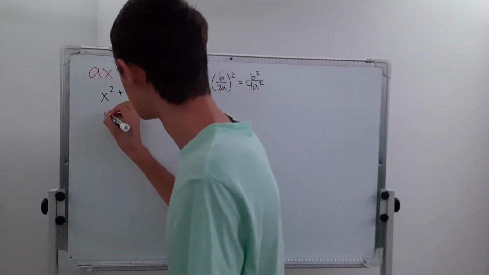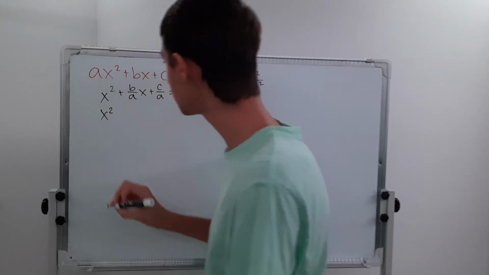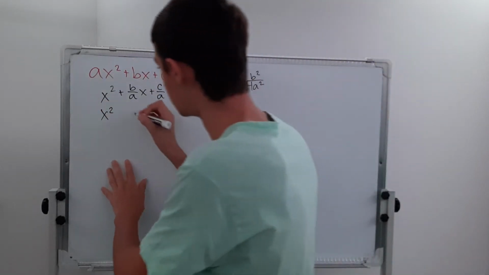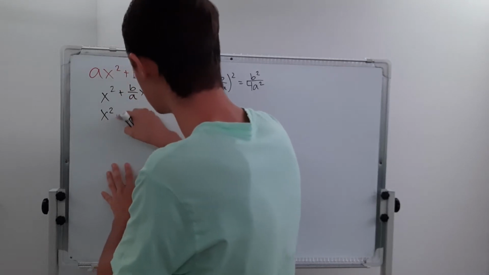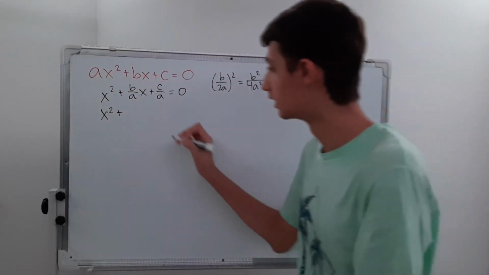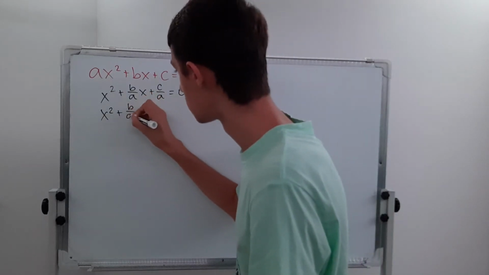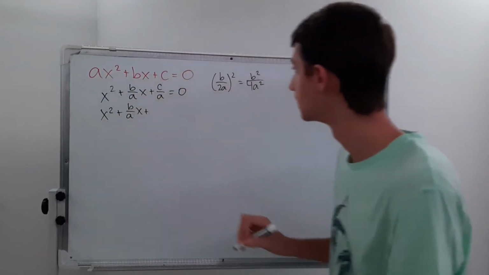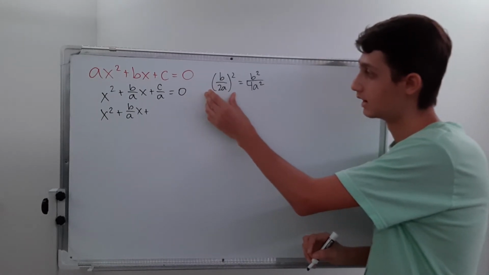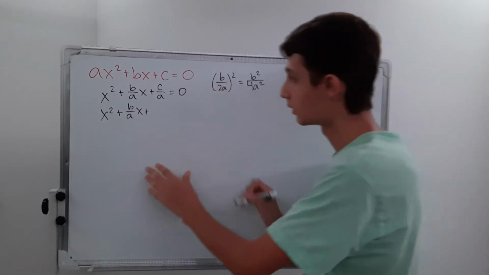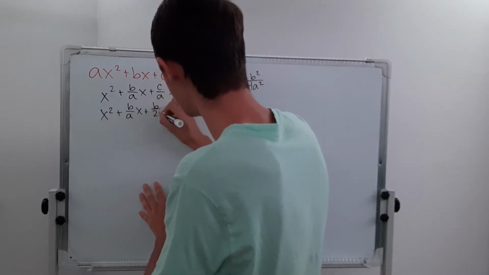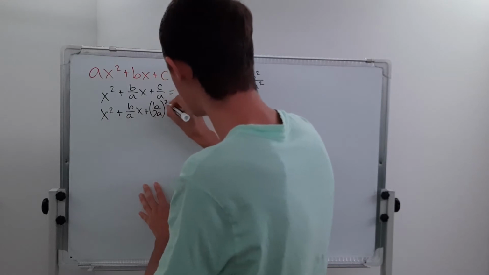So what we're going to do is take x squared, plus b over a x, like we have there, and then plus this b over 2a, and then that quantity squared.